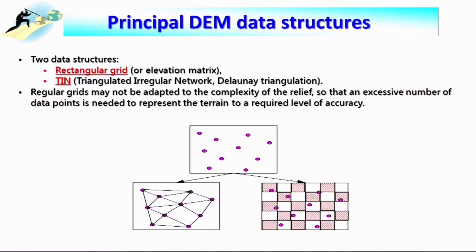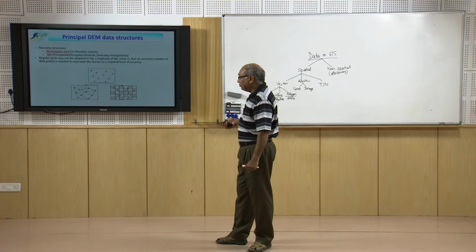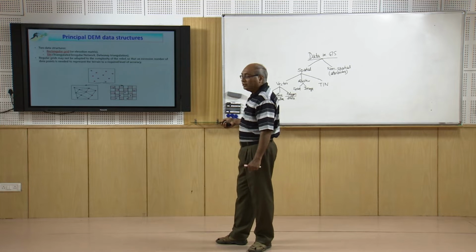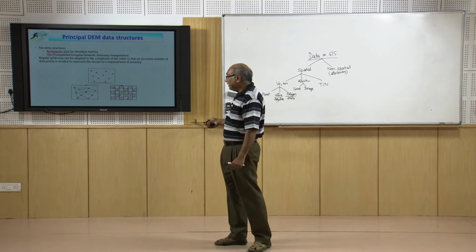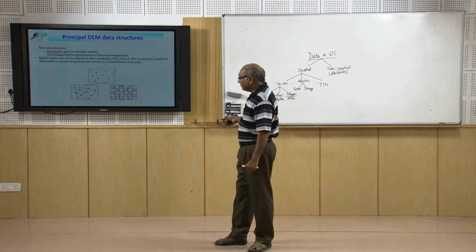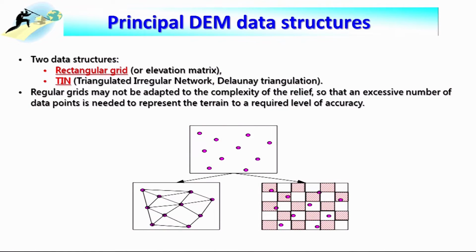The other important thing is that where you do not have any observations, that is a limitation in case of TIN. In case of raster, between two observations interpolation is done, and beyond an observation extrapolation is done, and therefore you achieve a completely rectangular or square-shaped raster. But in case of TIN, that cannot be achieved.